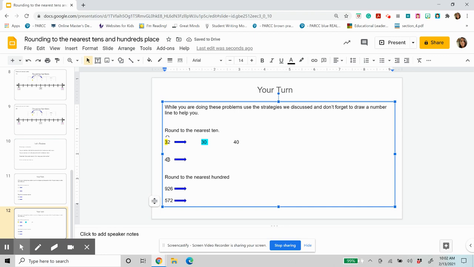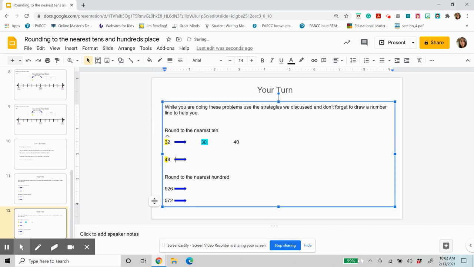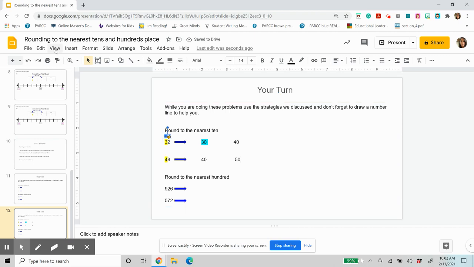All right, 48. So I'm still rounding to the nearest 10. So I'm going to highlight the 4, because that tells me my tens. So the 4 means 40, and the next number is 50. Now how am I going to decide if it's 40 or 50?